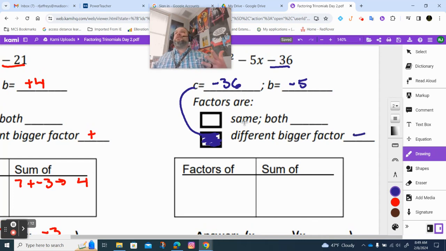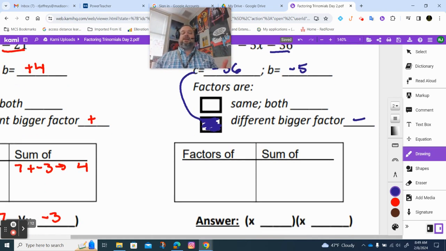Now, 36 has a lot of factors. 12 and 3. 6 and 6. And believe it or not, 9 and 4. 9 and 4 is actually one of the ones that gets forgotten a lot.